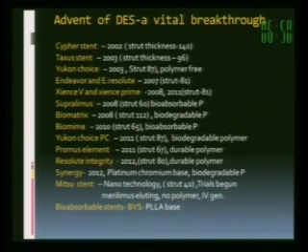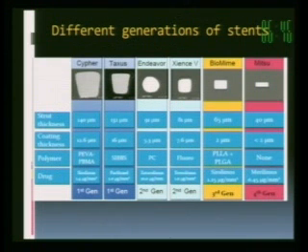It is about to be introduced in the world market soon. So this slide again shows different classes of stents: first generation Cypher and Taxus, second generation Endeavor and Xience, and third generation being represented by Biomime.